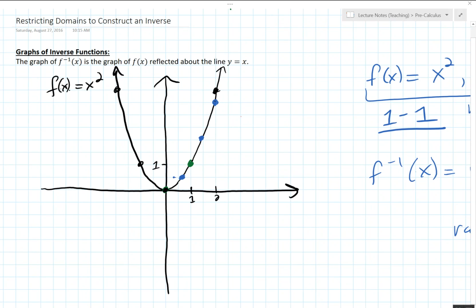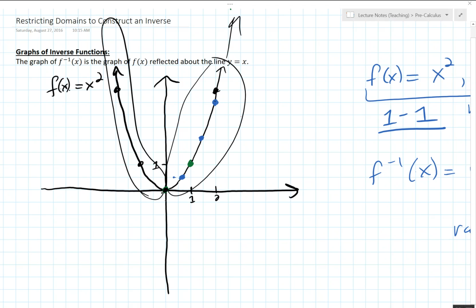And what we want to do is pick a domain that still encompasses the entire range. So we have two choices. We can either take the left branch, because this starts at 0 and it will always go to infinity, so it does not change our range, or we could have picked this branch and it would go off to infinity.